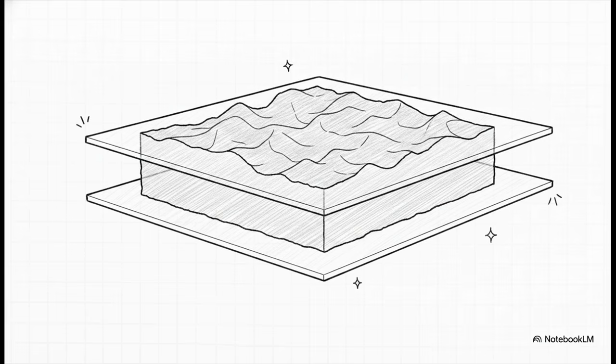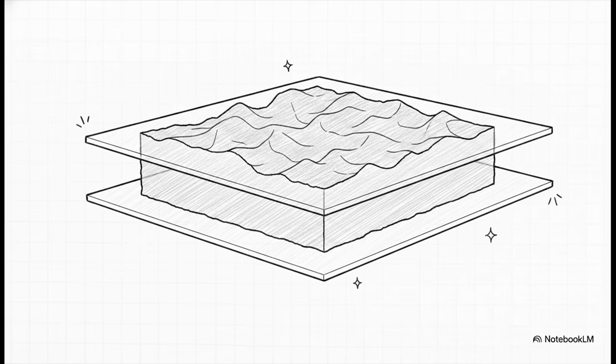The standard tells us that flatness requires all points of a surface to lie within a tolerance zone bounded by two parallel planes. So, instead of two parallel lines, imagine trapping your entire part's surface between two perfectly flat parallel sheets of glass. If any point on that entire surface bows up or warps down enough to break through the glass, the part is scrapped. The standard even notes that flatness can be applied on a unit basis.